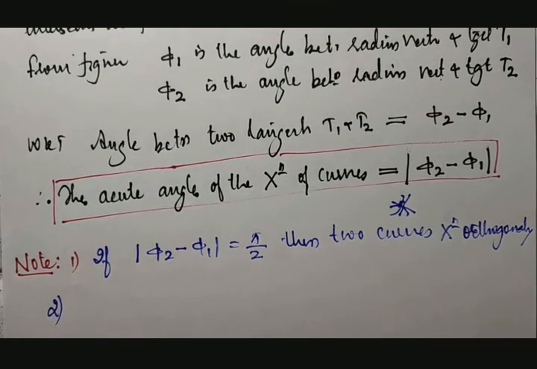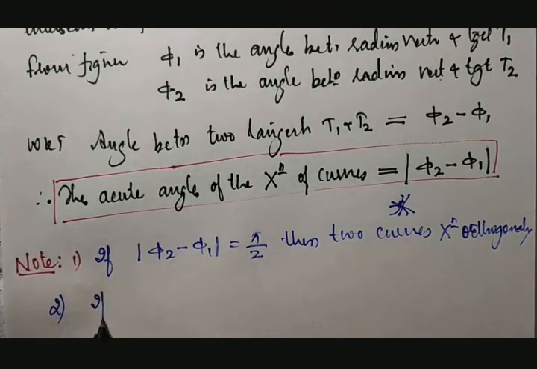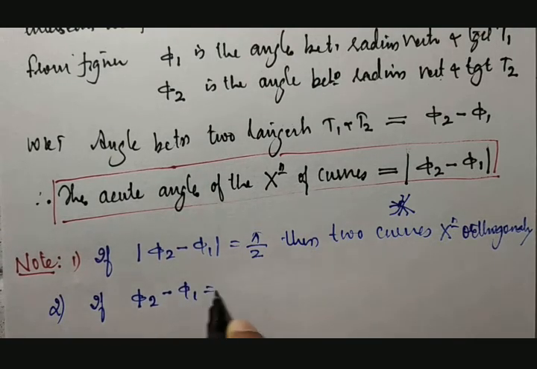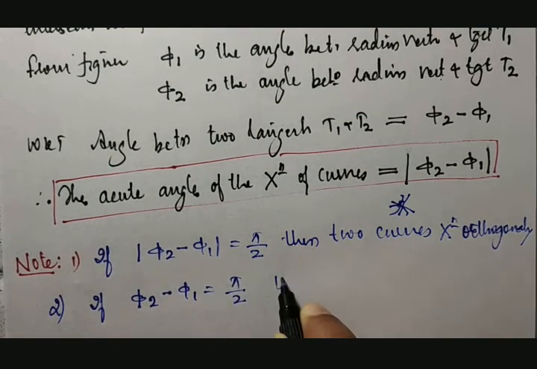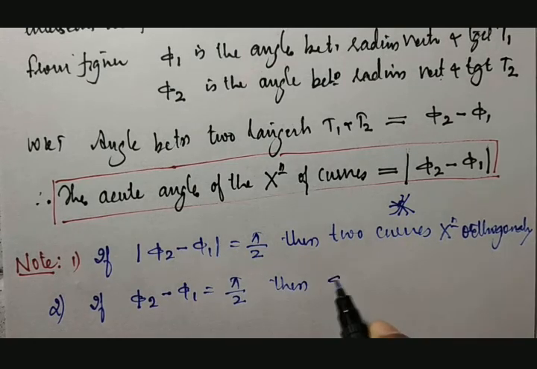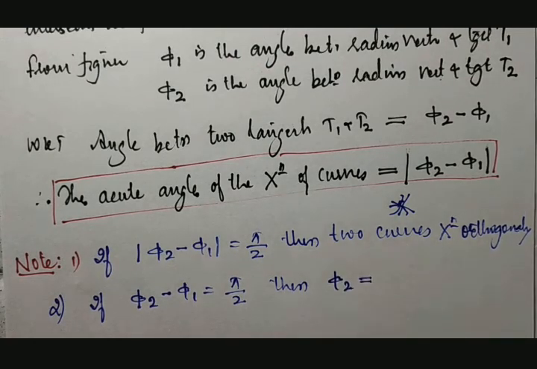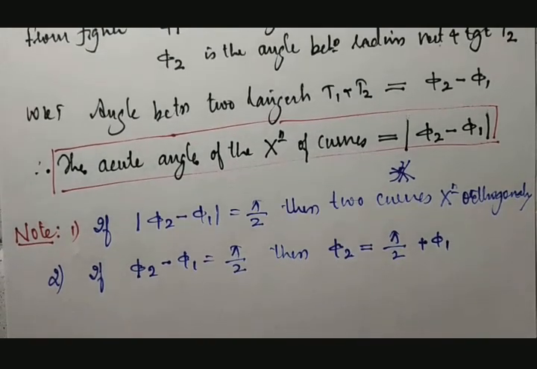Then the second one. If pi 2 minus pi 1 is 90 degrees, then automatically pi 2 is 90 degrees plus pi 1. Apply tan on both sides.